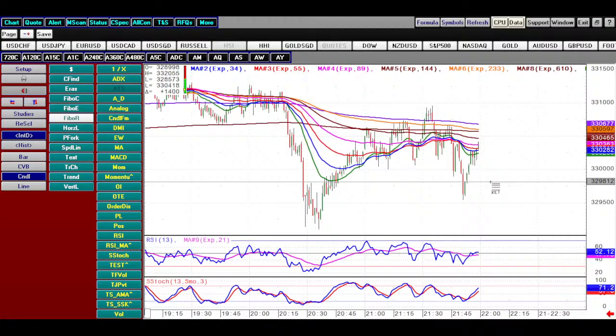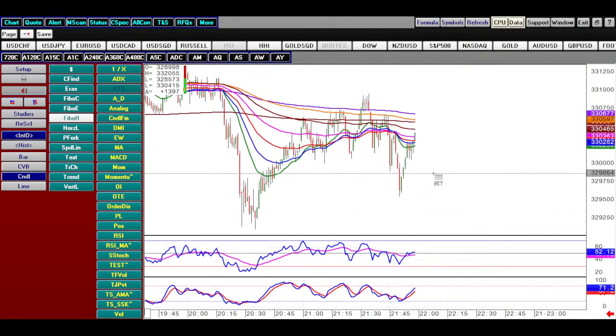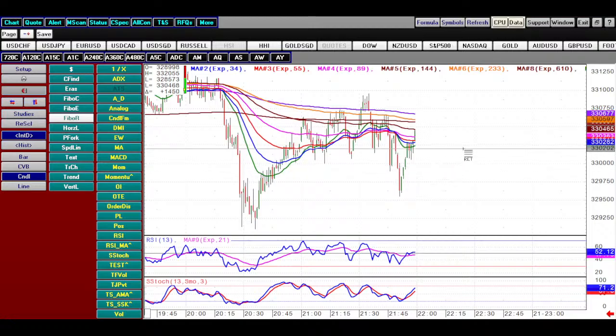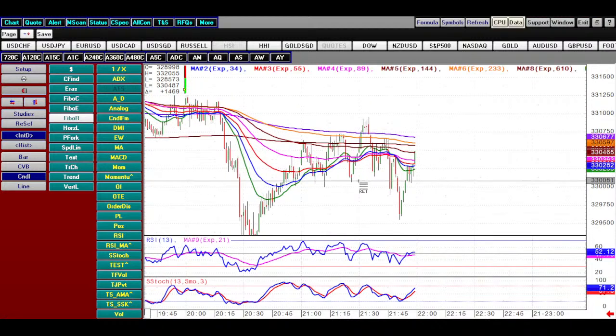Okay, the gold, I think my stop, I want to bring it down. Early on we put a stop at 12, I think. Hold on, 12, yeah, 12 half. So can we bring down to 9 half?